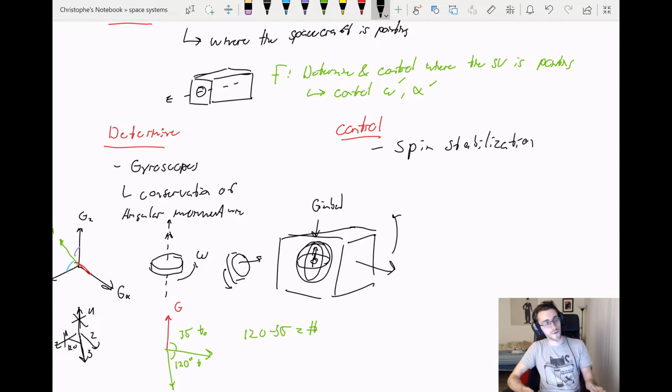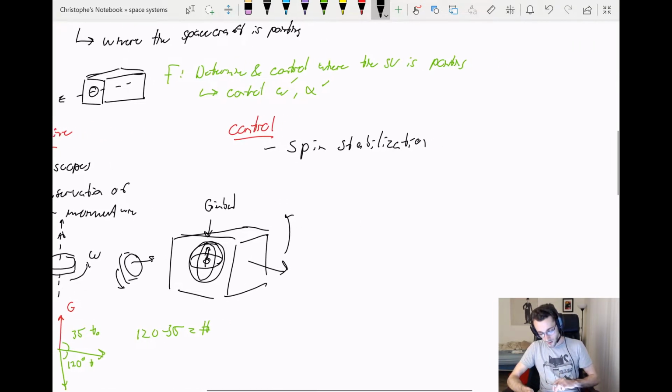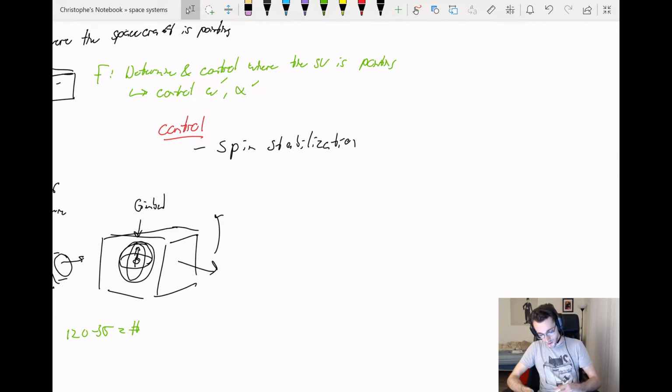So what is spin stabilization? Say you've got your satellite. It works very similarly to how control moment gyros work, where they have something spinning in your spacecraft, and they maintain their attitude through the conservation of angular momentum. It's very similar here, except instead of spinning a gyro, you're spinning the entire craft.